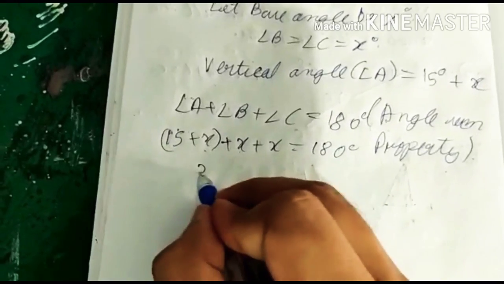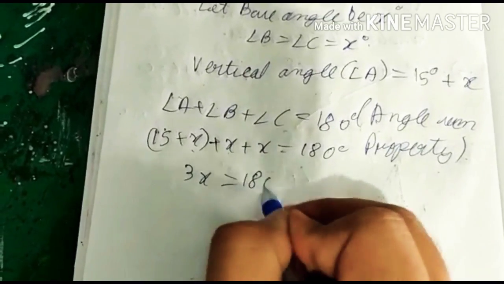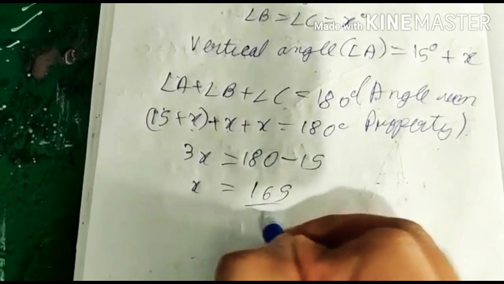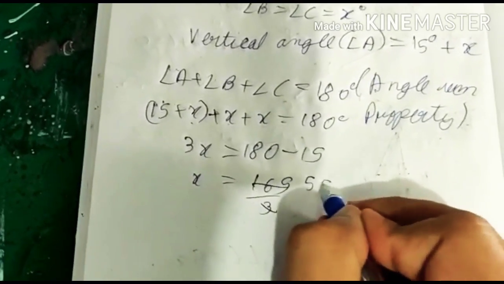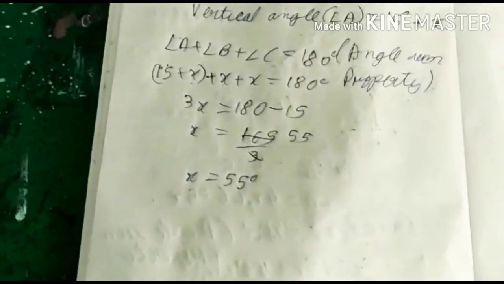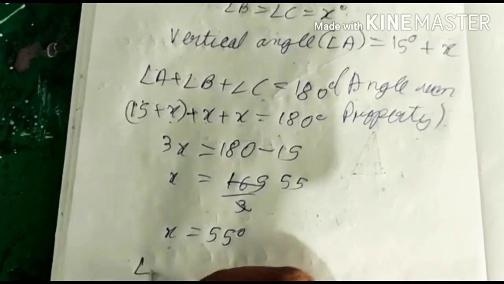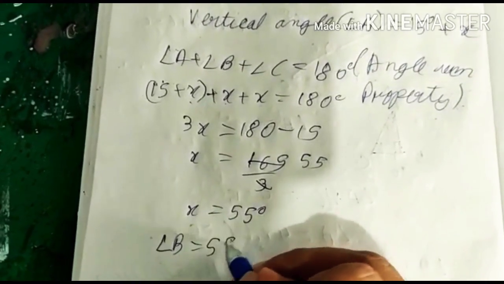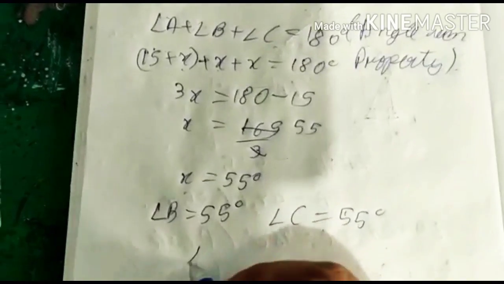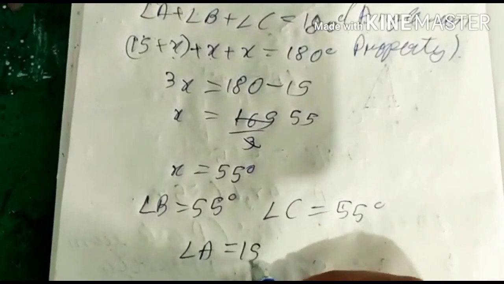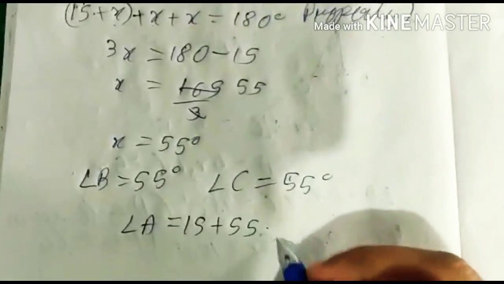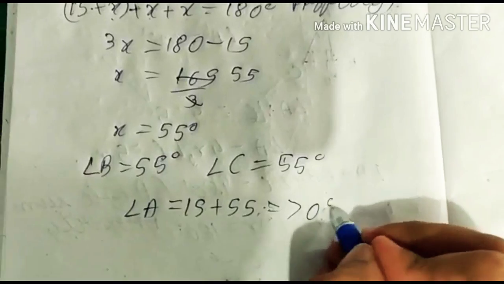So x plus x plus x, 3x equals 180 degrees minus 15, x equals 165 upon 3. This is 55. So x equals 55 degrees. So angle B here is 55 degrees. Angle C here is 55 degrees. Angle A was 15 plus x, that is 15 plus 55, that is 70 degrees.